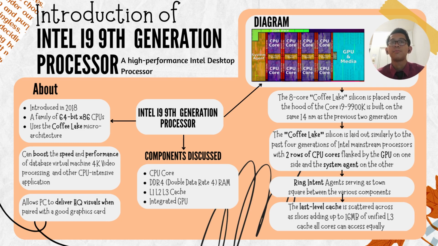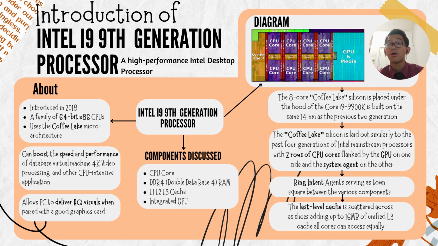Intel i9 can boost the speed and performance of databases, and allows a PC to deliver HQ visuals when paired with a good graphics card. The components we will discuss are CPU cores, DDR4 (double data rate 4) RAM, L1, L2, L3 cache, and integrated GPU.